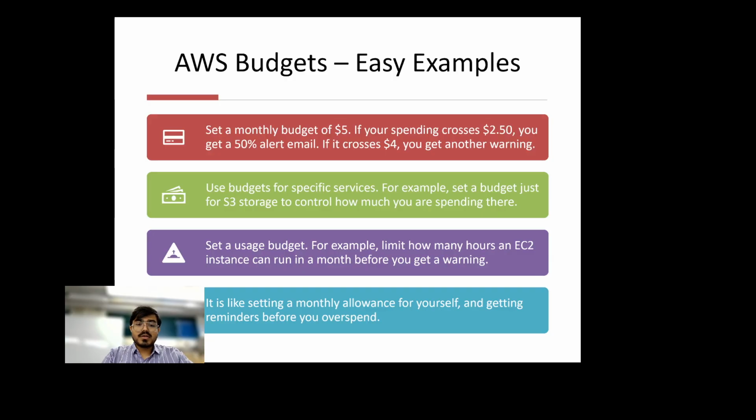You can also create a usage budget, like limiting how many hours an EC2 instance runs. It's just like setting a monthly allowance for yourself and getting a reminder before you overspend. Let's go to the next one.